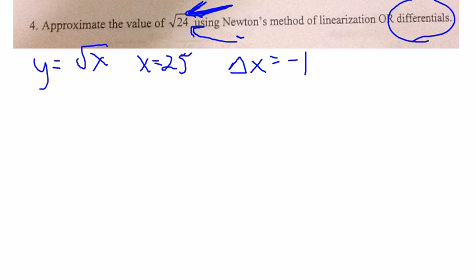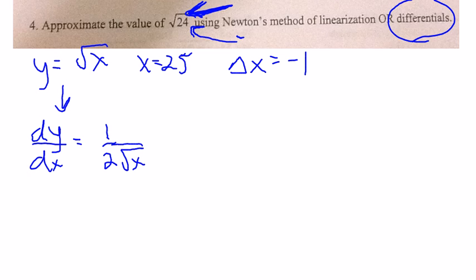So, from there, I want to find dy dx of this. It's equal to, so that's square root of x, which is x to the 1/2. I'm not going to show this work because you should know it, and you should be pretty familiar with it. X to the 1/2 gives me 1 over 2 from the 1/2 in the power, and then times x to the negative 1/2, which is over square root x.